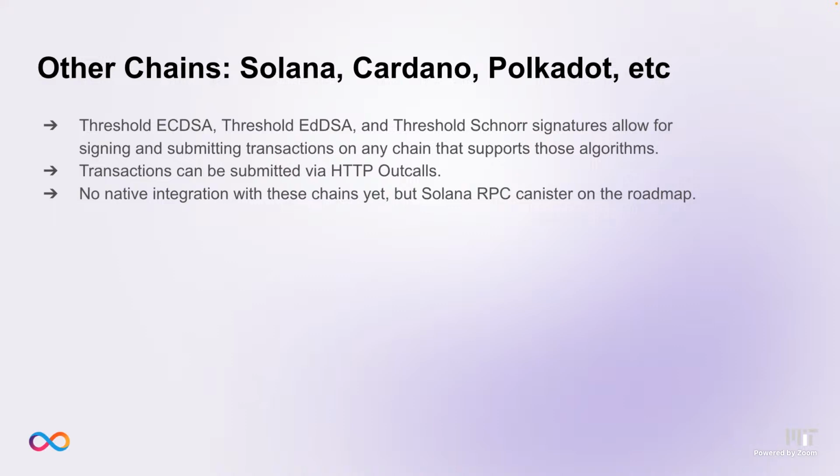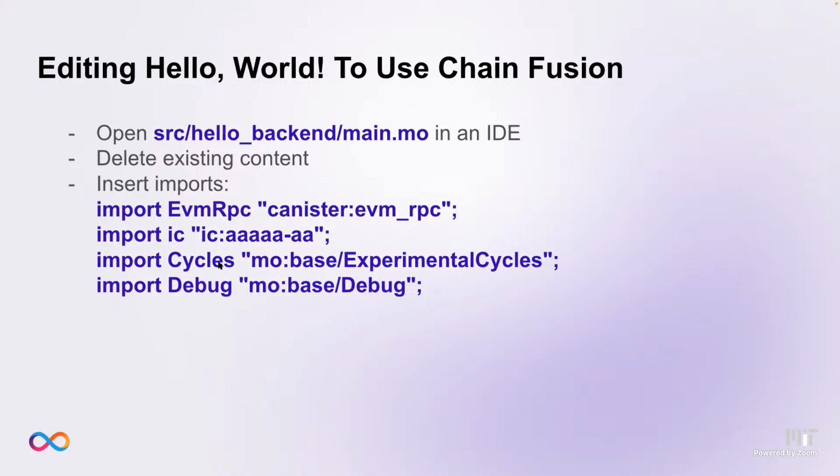They use either threshold EDDSA or other various types of cryptographic signatures. We do have plans to support most, if not all of them. And specifically, we have plans to support Solana, Cardano, and Polkadot in the future. And all of these are on our roadmap.